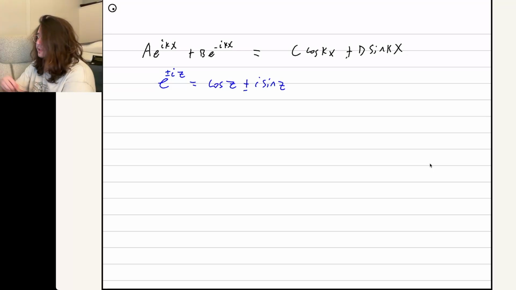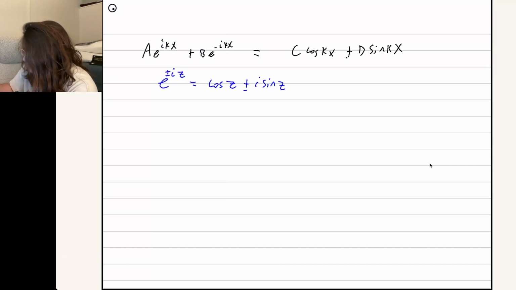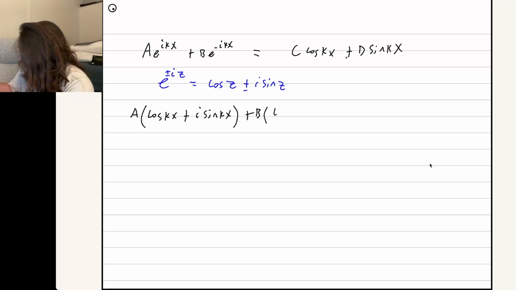So I'll just write it like that. Using that, we have a times cosine kx plus i sine kx, plus b times cosine kx minus i sine kx, and the right hand side is the same. We're not really doing anything with it.